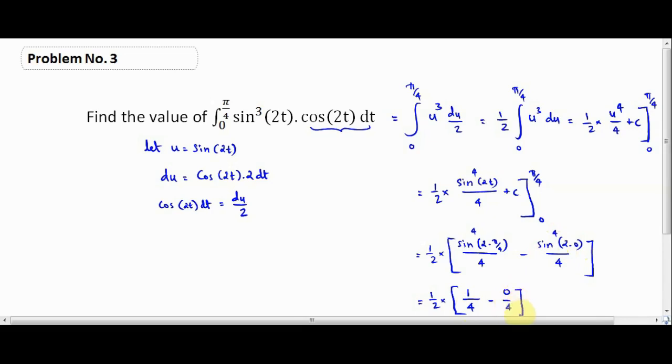The final answer will be 1 by 2 into 1 by 4, which is 1 by 8. So 1 by 8 is the correct answer.